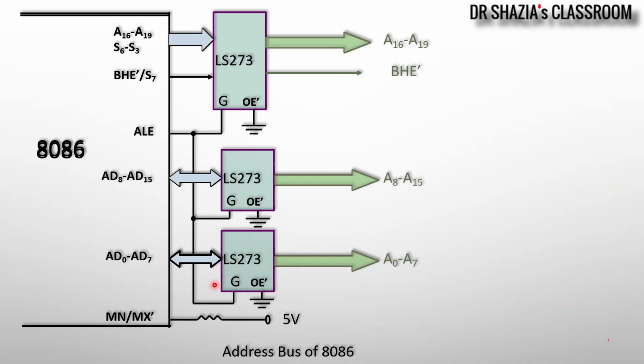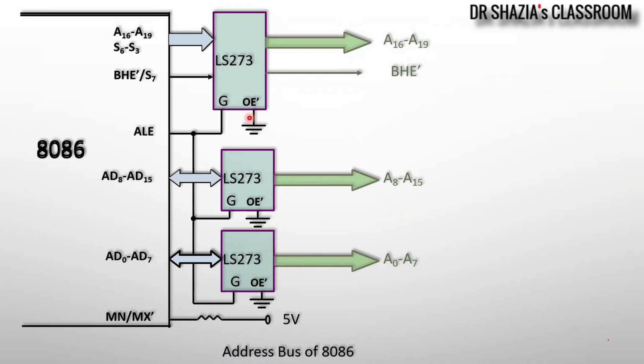The first LS273 will be connected to AD0 to AD7. The second latch will be connected to AD8 to AD15, and the third latch will be connected to A16 slash S3 to A19 slash S6 and BHE bar slash S7.